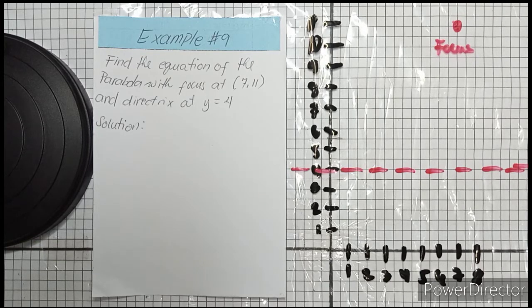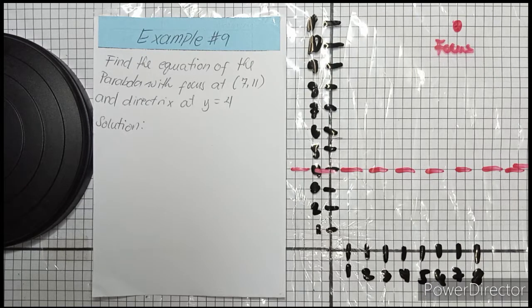So, para makuha natin ang ating equation, dapat malaman muna natin yung ating vertex. Since hindi given si vertex, hahanapin muna natin si vertex. Paano nga ba hanapin si vertex? Tandaan, ang distance po ni vertex going to focus ay equal po sa distance ni vertex papuntang directrix.